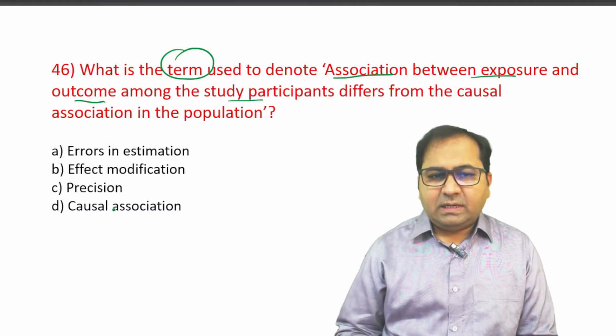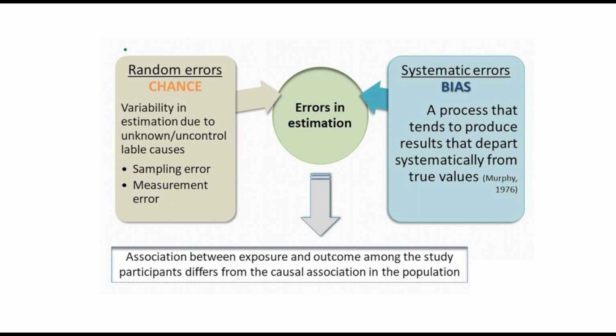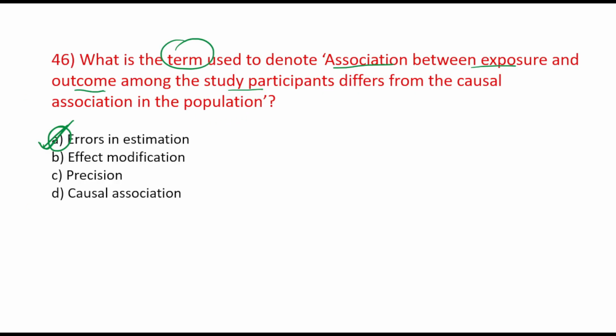The answer is A, errors in estimation. See this chart again. Errors in estimation is what the question has asked. So the association between exposure and outcome among the study participants differs from the causal association in the population. So we got the answer for our question.